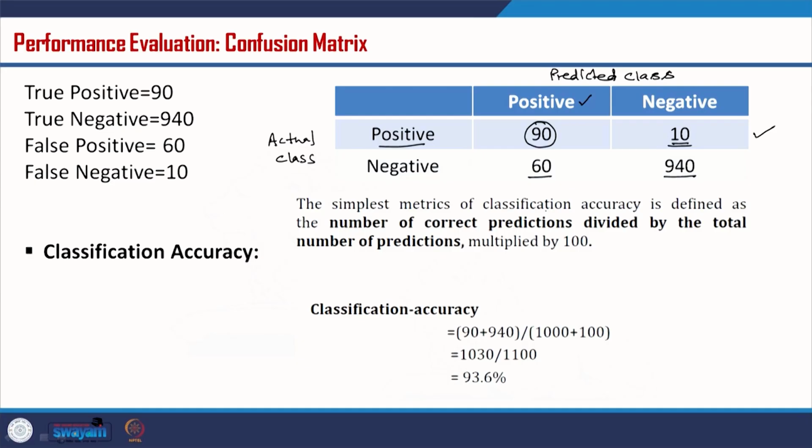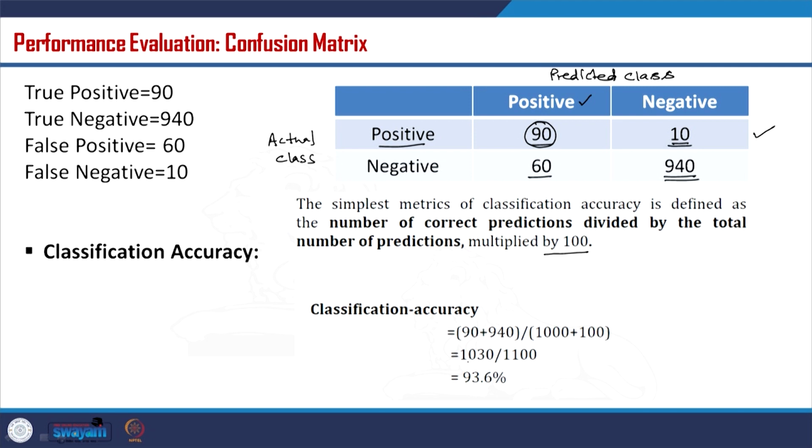Okay. Now, we will see about the classification accuracy. The simplest metric of classification accuracy is defined as the number of correct predictions divided by the total number of predictions, multiplied by 100, meaning in terms of percentage. For example, here how many samples have we correctly classified? 90 plus 940, divided by the total number of samples, 1100.